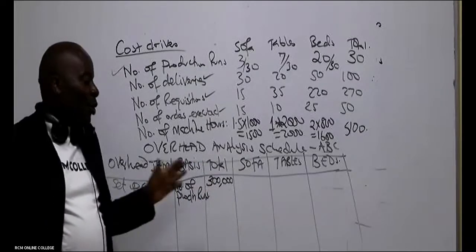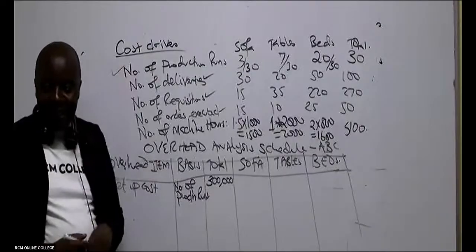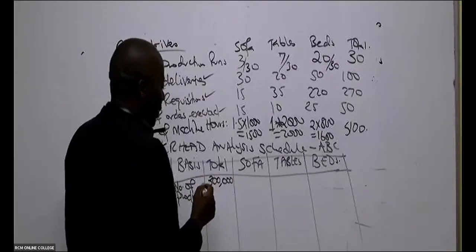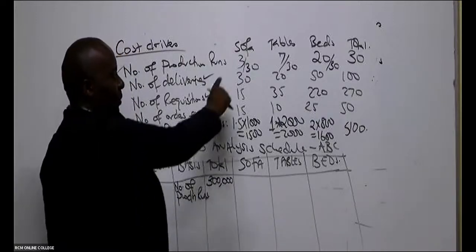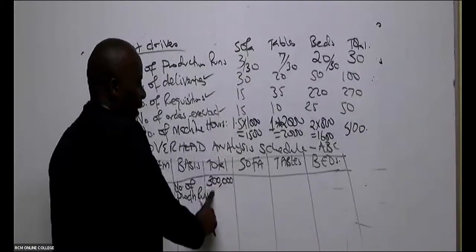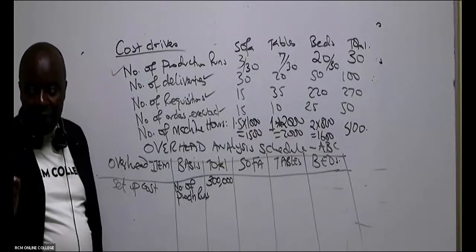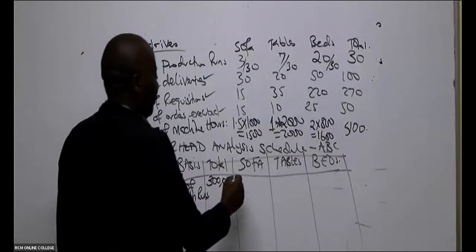Because we are apportioning this figure, isn't it? Remember it's 3 over 30 times 300,000. It's 30,000, right?